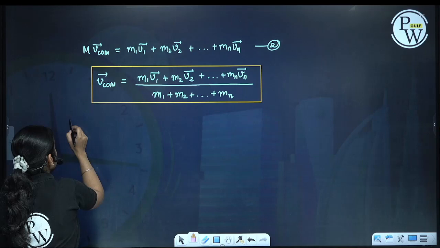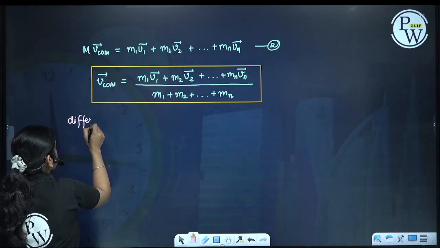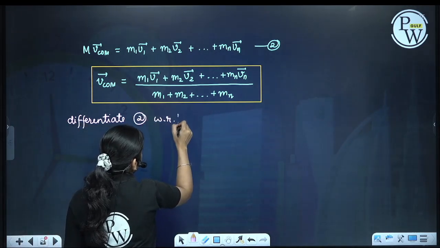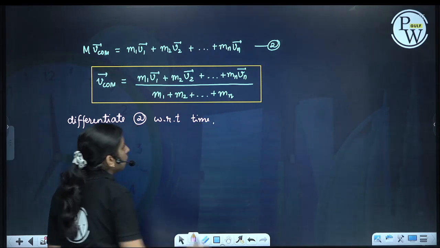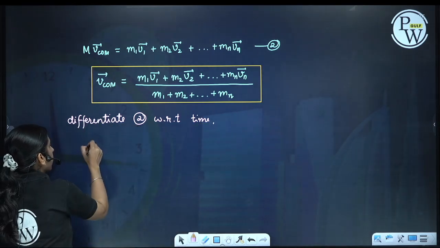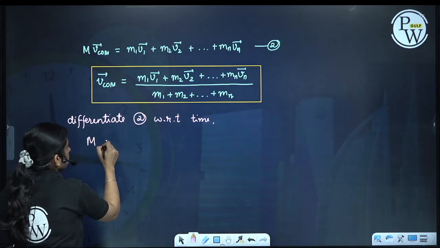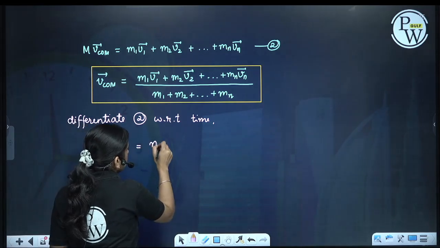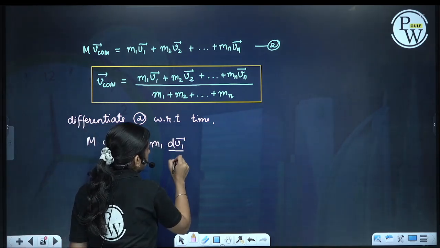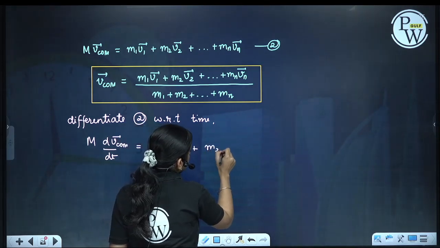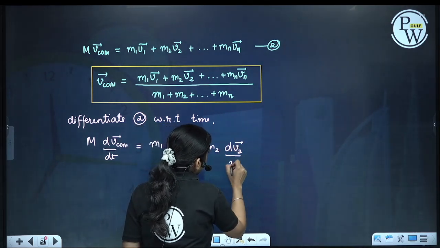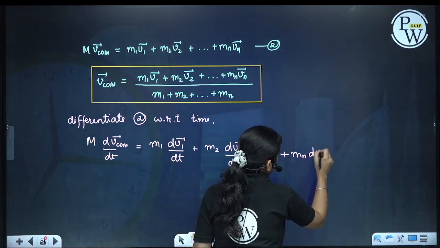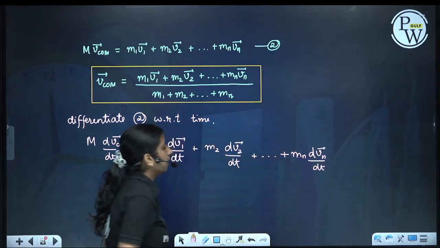Now if we differentiate equation number 2 with respect to time, we will get m into rate of change of vcom, dvcom by dt, is equal to m1 into dv1 by dt plus m2 into dv2 by dt up till so on mn into dvn by dt. Now what are all these?